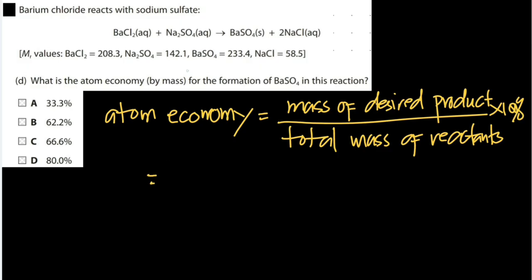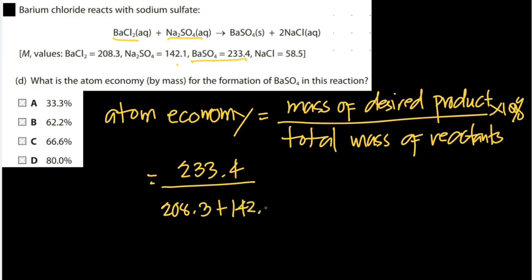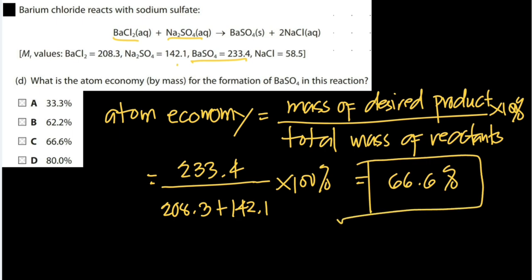So we're given here the mass of desired product of barium sulfate, which is 233.4, divided by the total mass of reactants. Reactants are barium chloride and sodium sulfate. So this is 208.3 plus 142.1 times 100%. And this would give us an atom economy which is equal to 66.6%. So the answer here is letter C.